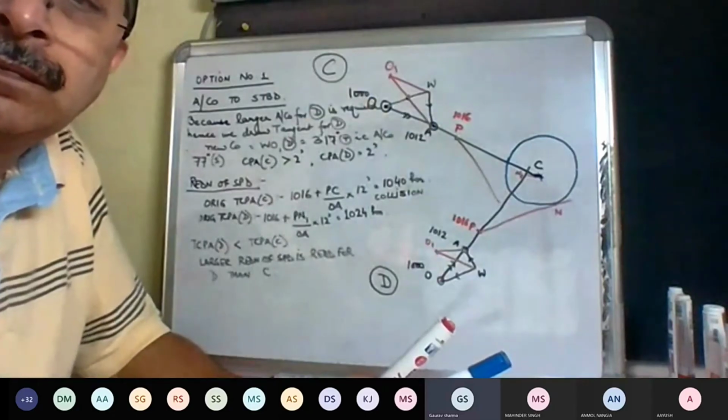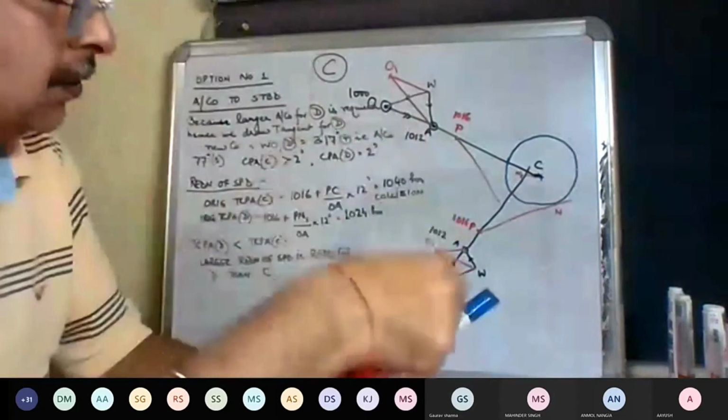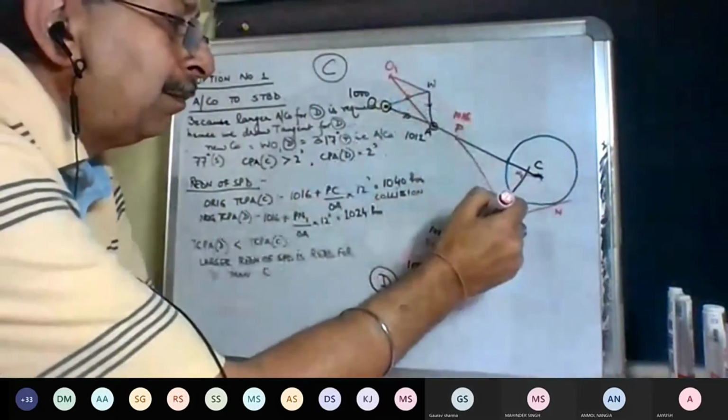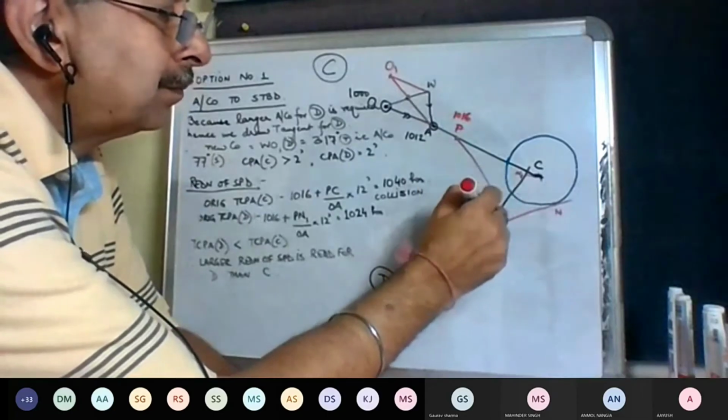So I draw the tangent this time for delta to the north of the circle.